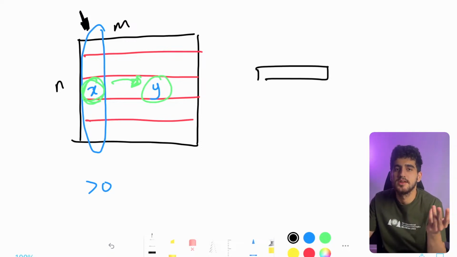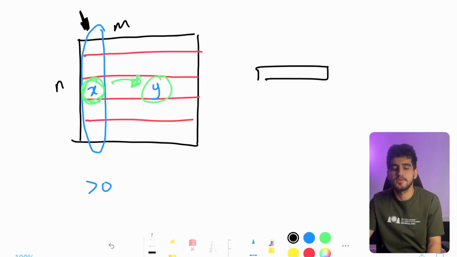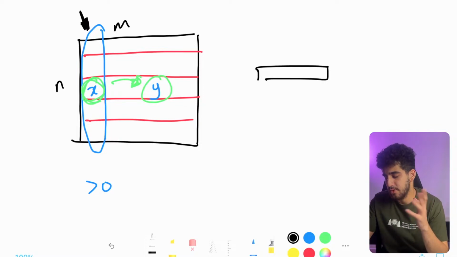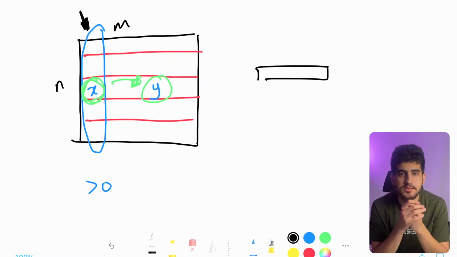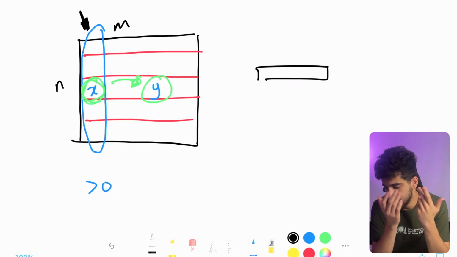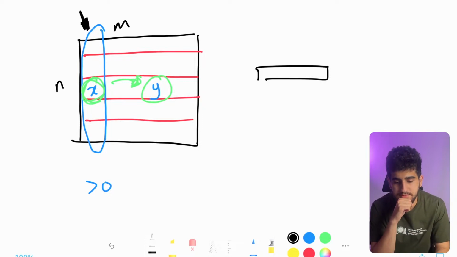Otherwise, if at some row I could change the number, it would make the XOR different and the whole XOR will be non-zero. But if all of them are the same, there's nothing that we can do, and the XOR will remain 0. So let me also show you some code. I have not implemented it myself, so I will find another code to show you guys.